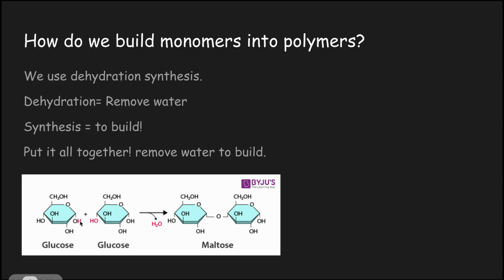There's a presence of a hydrogen and an oxygen. We're going to remove the water. As you can see in the reaction, there's a little arrow pointing down saying we're getting rid of the water. It's going bye-bye. It's going to bond it together, and that O that's left on this side, if you can see my mouse, that O is actually going to bond the 2 together, and in this case, the 2 glucose are going to make maltose.